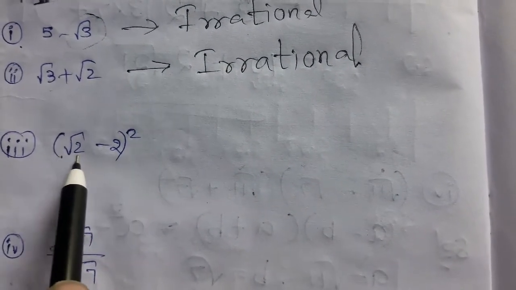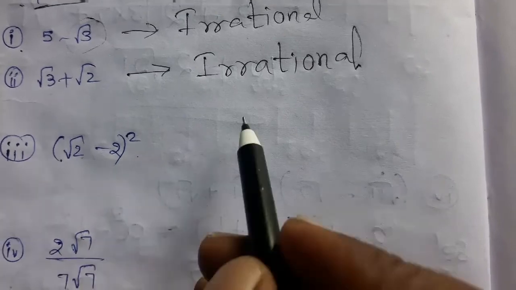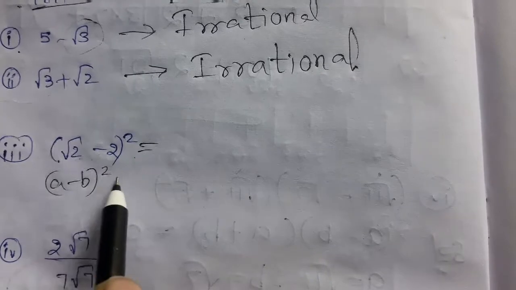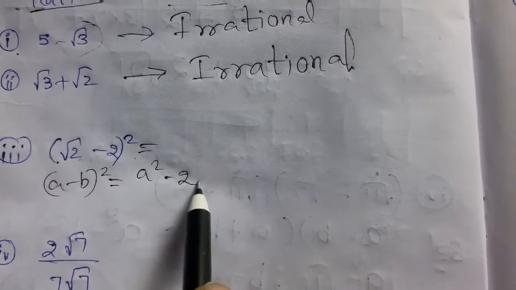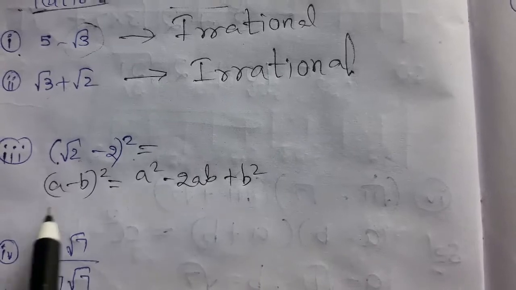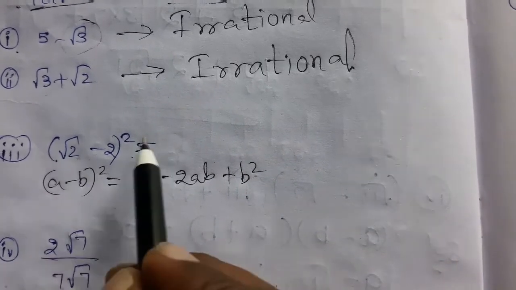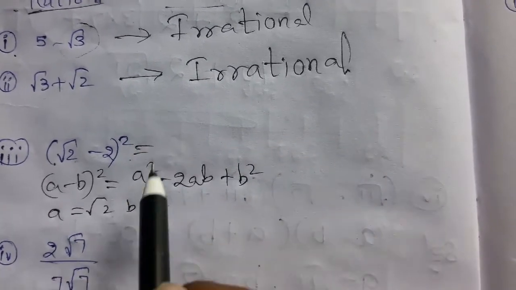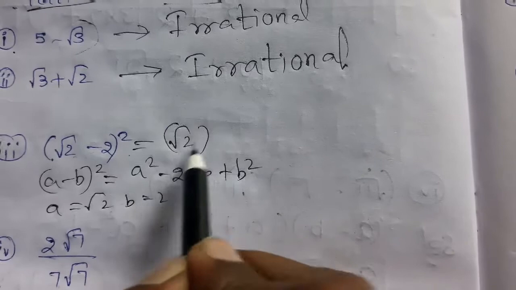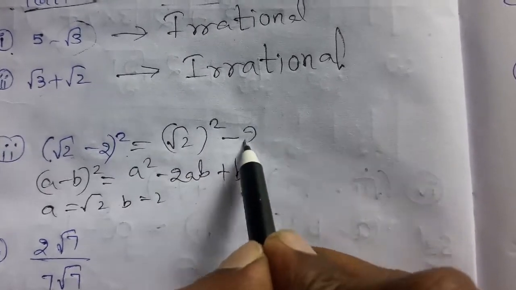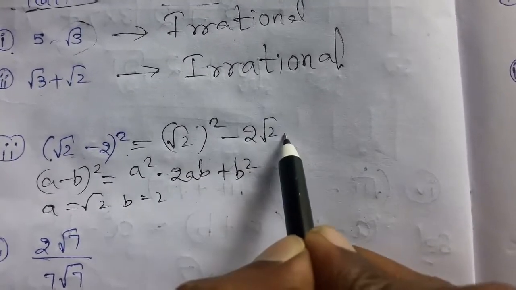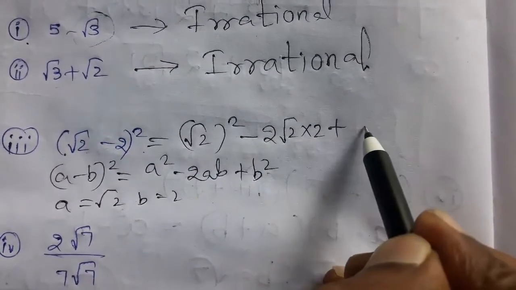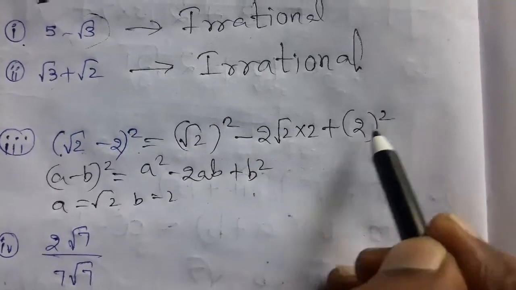Next, what is given? (a minus b) whole square form, isn't it? So (a minus b) whole square is equal to a square minus 2ab plus b square, this form, isn't it? Here a is equal to root 2, b is equal to 2. Solve it. That means a square minus 2ab plus b square, isn't it?